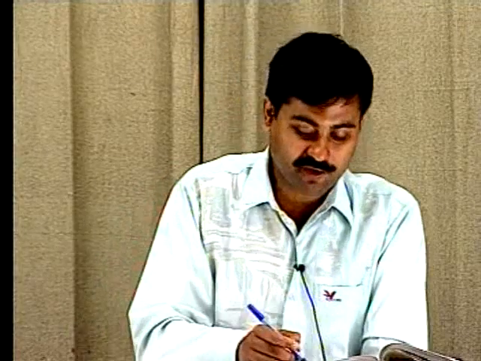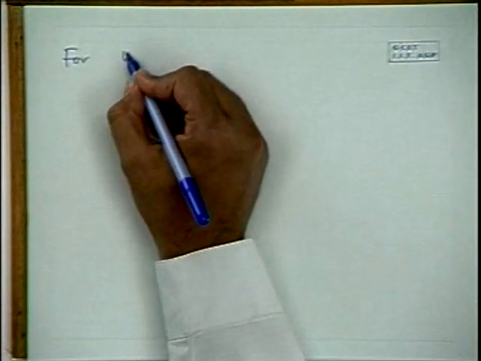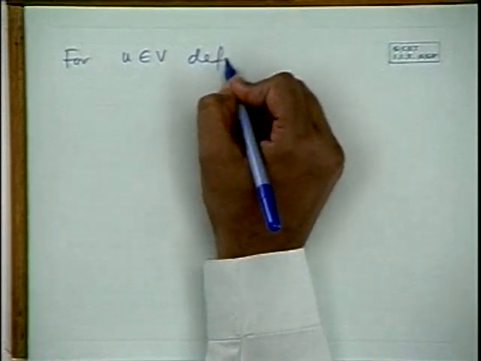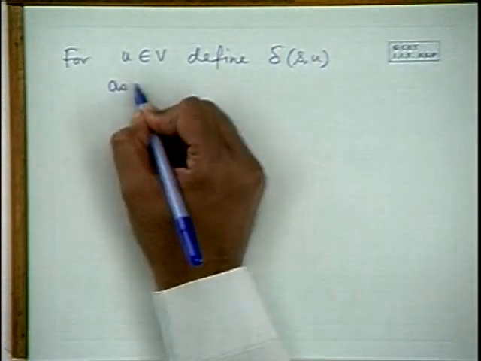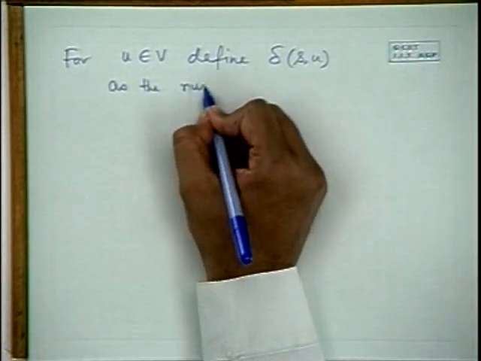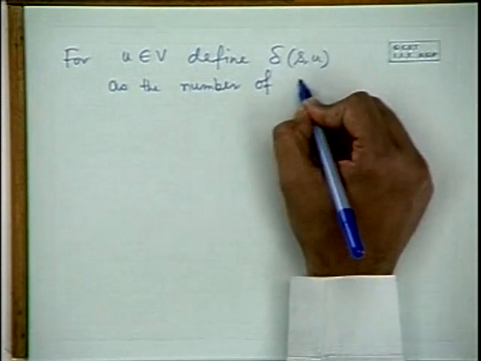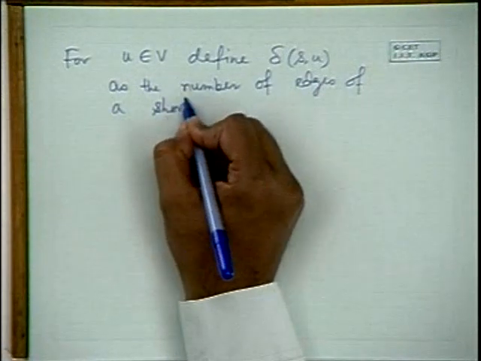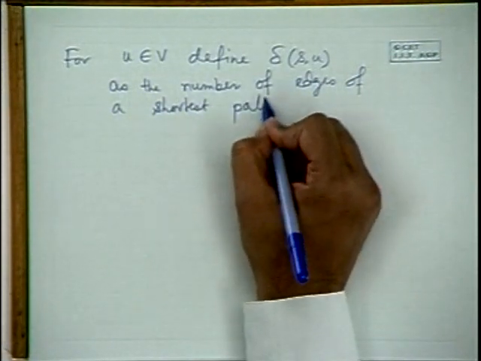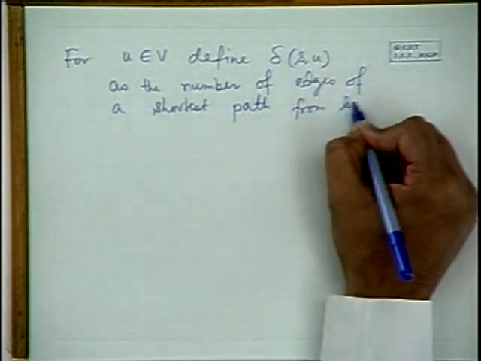Now BFS also gives you important information. It is basically the distance of a vertex from the starting node. For that I am going to define something. For u belongs to V, define delta of S, u as the number of edges of a shortest path from S to u.